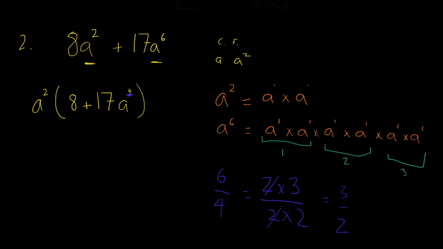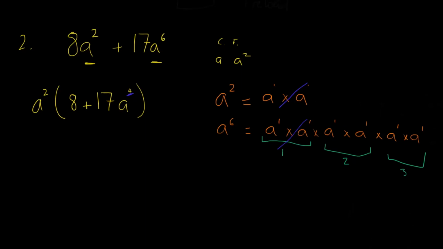So using those same principles, okay, to get the a to the power of 4, I can divide a to the power of 6 by a squared, and what happens is I lose this, and I'm left with a to the power of 4.